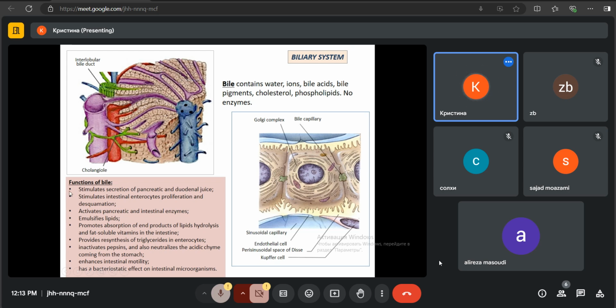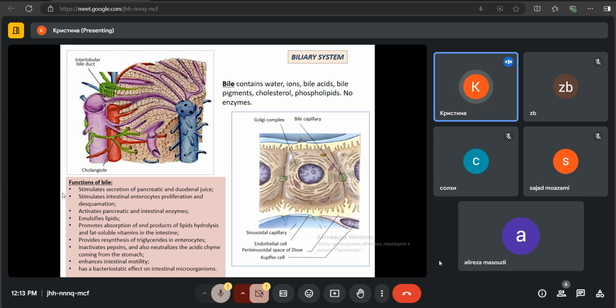Functions of bile. First, it stimulates secretion of pancreatic and duodenal juice. When it comes into the duodenum, it acts upon the endocrine cells, which release their hormones, which activate the production and release of pancreatic juice and the duodenal juice.